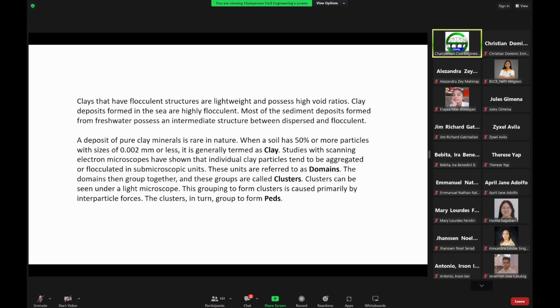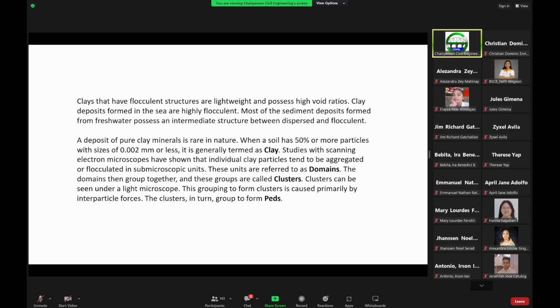Clusters can be seen under a light microscope. This grouping to form clusters is caused primarily by the interparticle forces. The clusters in turn would group to form peds.